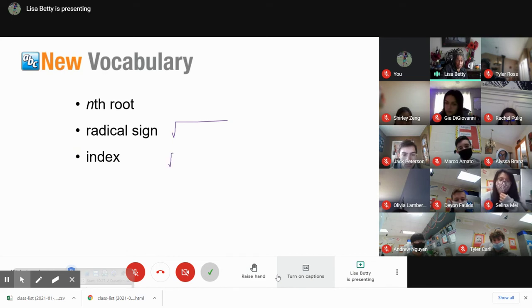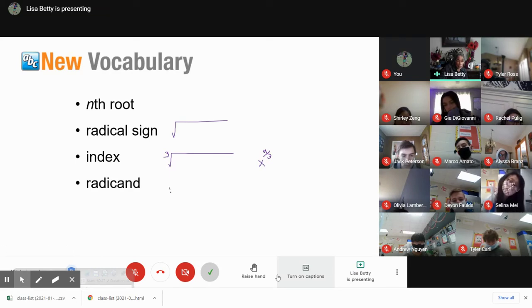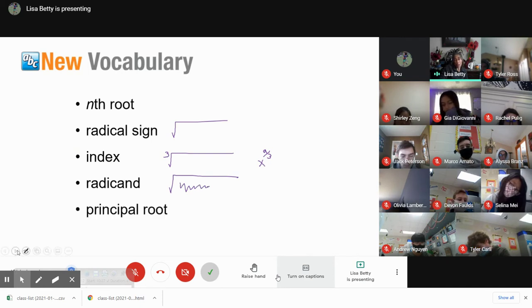The index is a fancy word for the number on the outside. Or if it was a fractional exponent, the index would be the bottom, the denominator of your fraction. And the radicand, I know I told you this, is the stuff under your radical. It's a fancy word for it. So there's your new vocabulary.